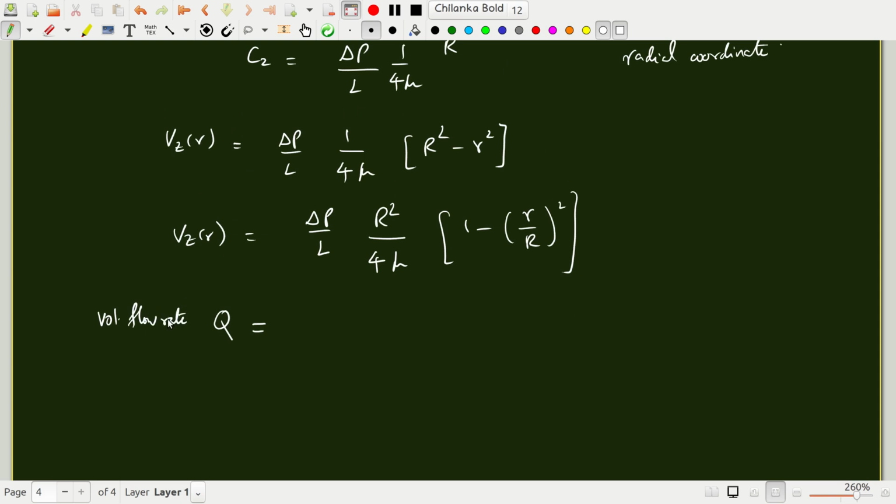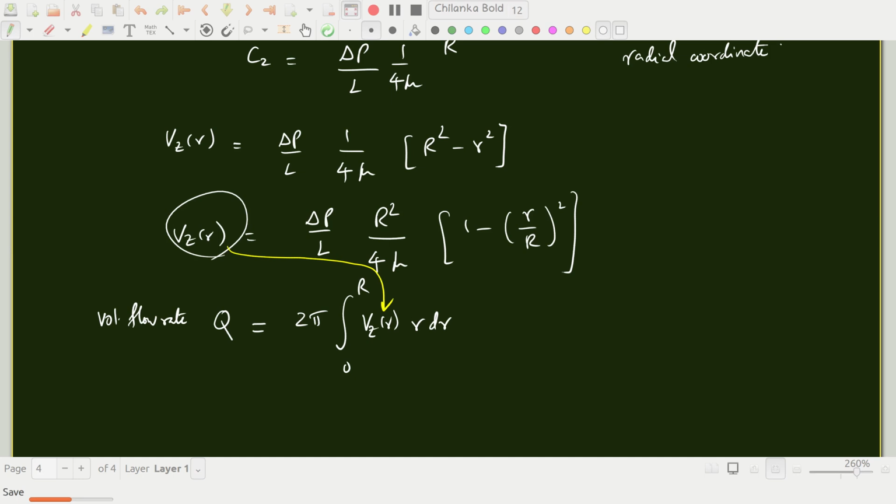You have to integrate 2 pi, 0 to R, Vz r dr. Now you have to simply substitute this out here and then do the integration. It's a straightforward integration.